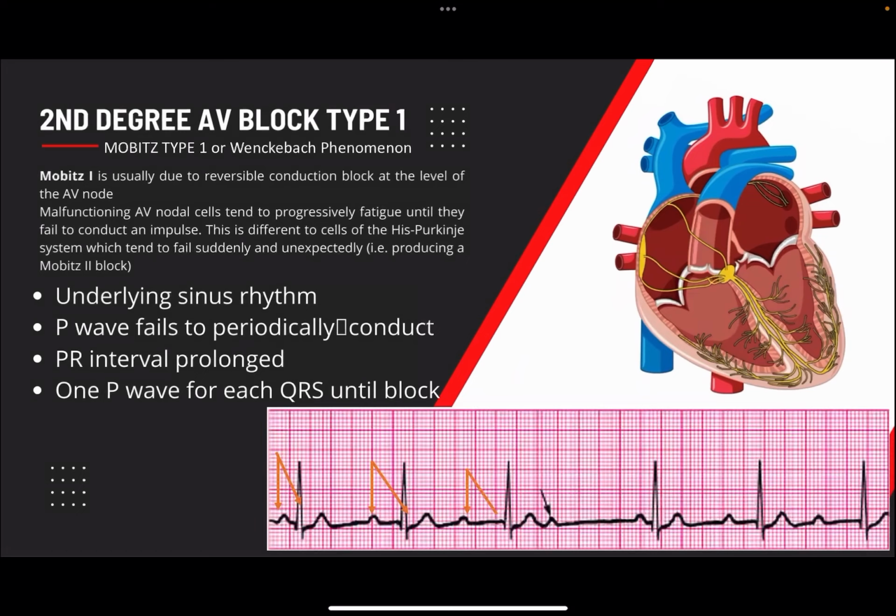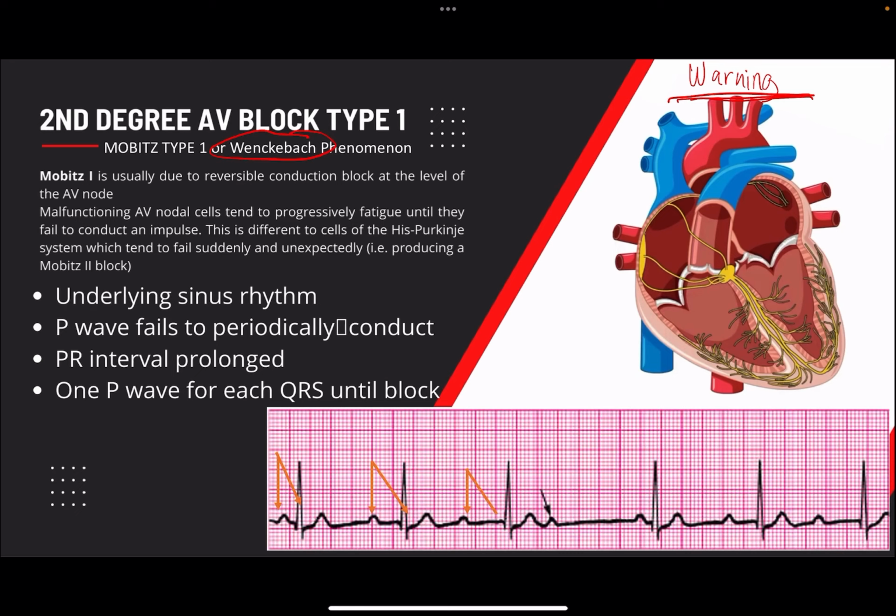Second degree AV block type 1, we also call it Mobitz type 1 or the Wenckebach phenomenon. For you to remember this easily, think of the word W, the word warning. So you have a warning sign. What do I mean by warning sign?